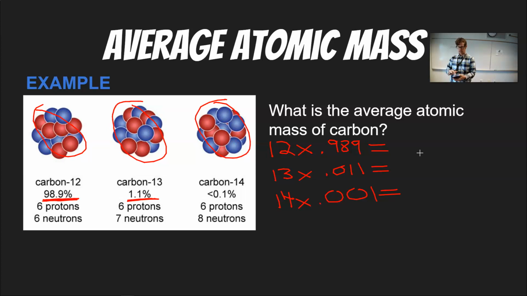So 12 times 0.989 is 11.868. 13 times 0.011 is 0.143.